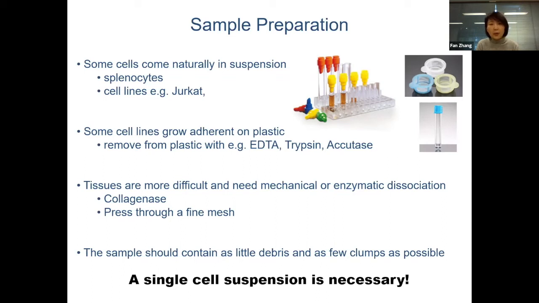Tissues are more difficult and need mechanical or enzymatic dissociation. Cell strainers with different sizes help to remove cell clumps. So the sample we get should contain as little debris and as few clumps as possible.